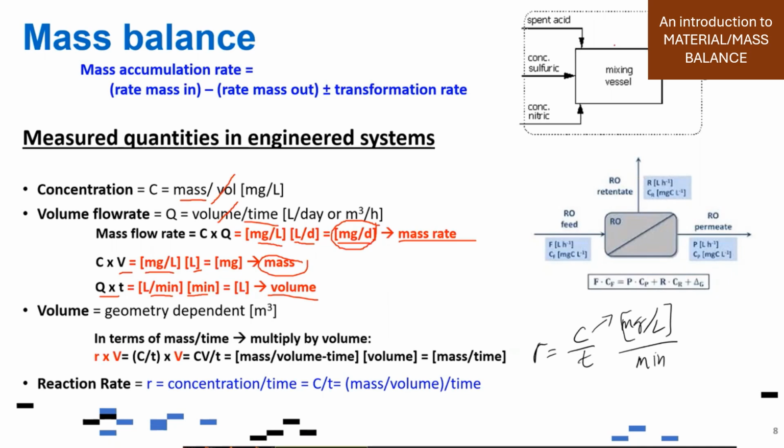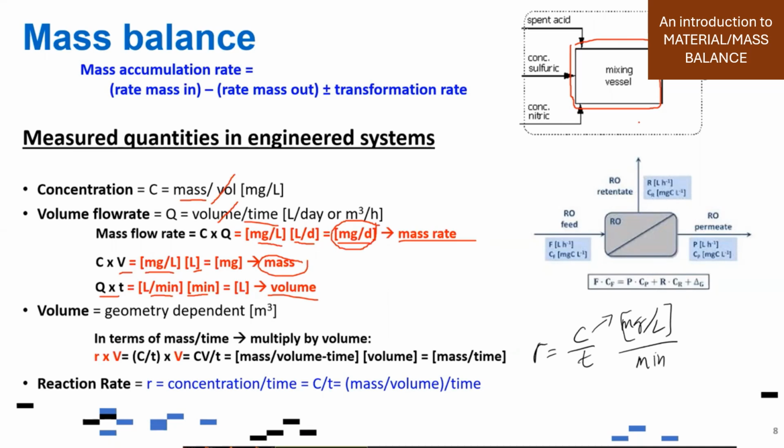So you can see an example from here. This is an example of a mixing vessel. We have a control volume here. When we say control volume, it's basically the area that you have interest in, where the mass balance will occur.